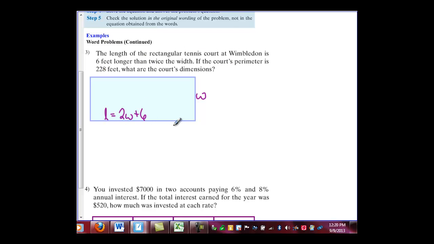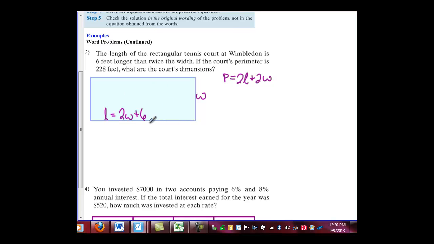So that means that this side, which is the length, or it's 2w plus 6, plus this side, the w, plus the 2w plus 6 plus the w, or, if you remember that perimeter equals twice length plus twice width, that works too. Well, the width is just w.